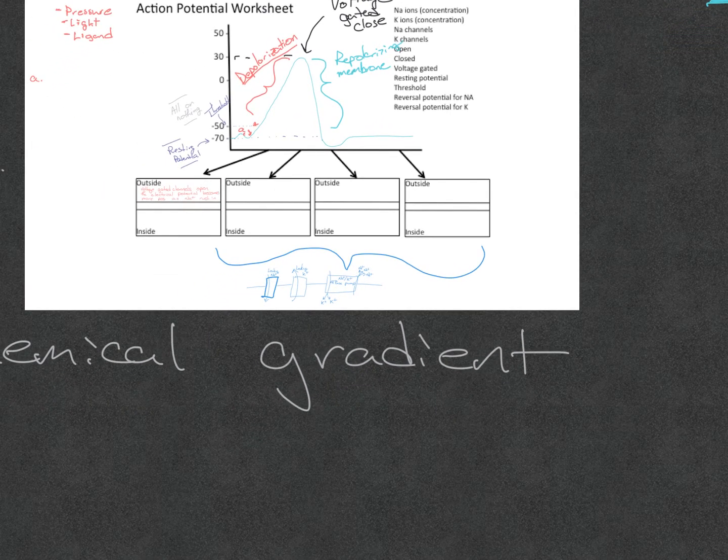So this part here is depolarization. The inside is increasing sodium ions, increasing positive charge, right? This is happening all the time, but that's what's happening here.